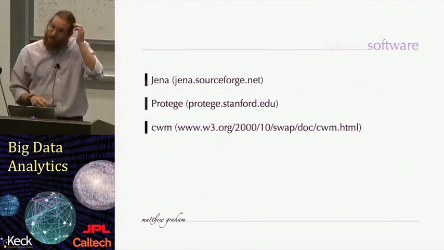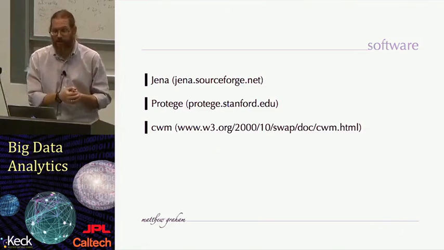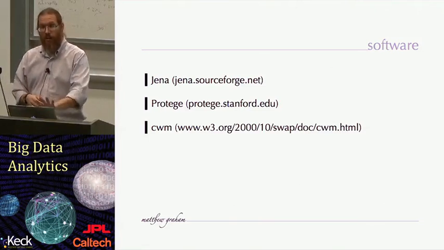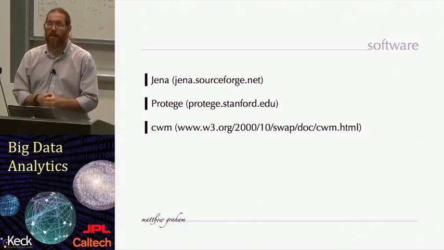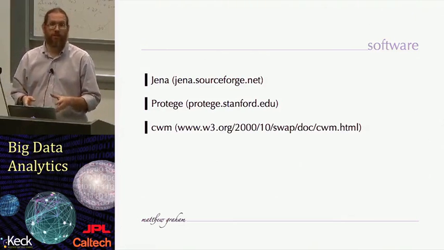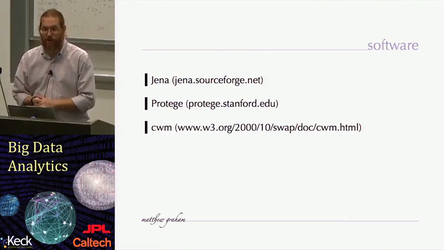Finally, software that you may want to look at for working with ontologies. There's Jena, there's Protégé. I would highly recommend looking at Protégé. It allows you to explore ontologies, it allows you to construct your own ontologies, it allows you to reason over ontologies. It's a very powerful tool.